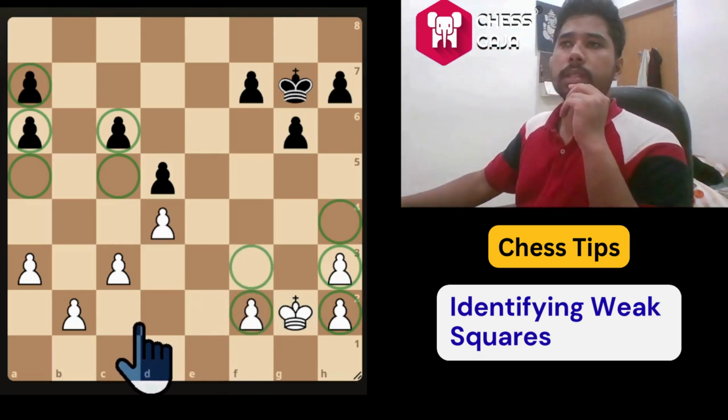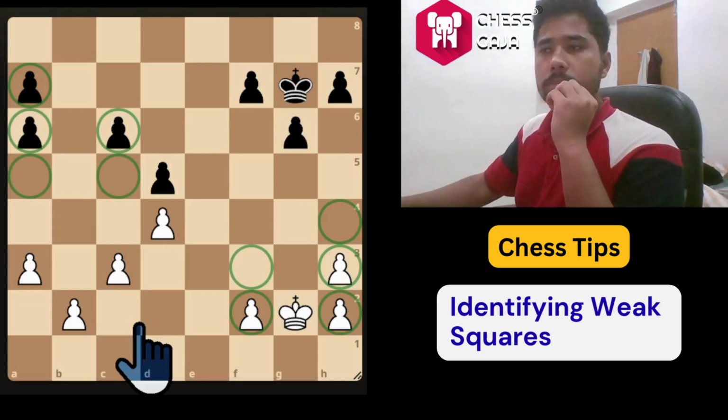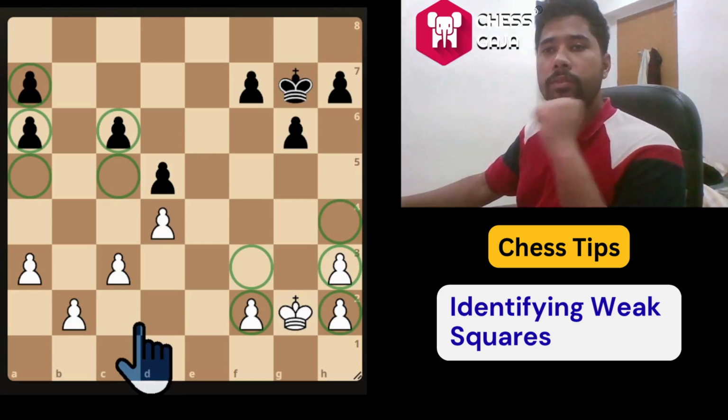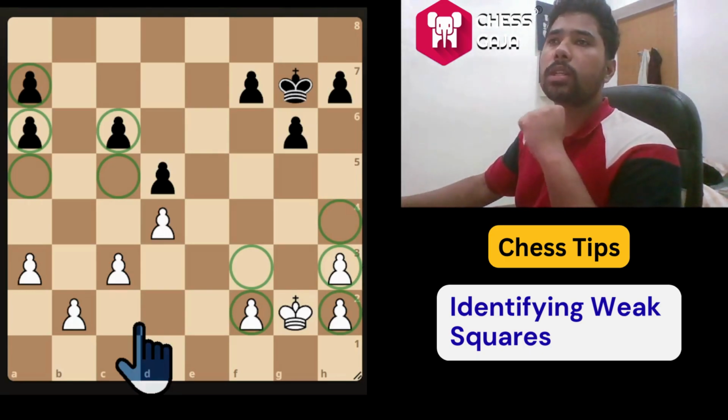So what these weak squares do is allow the opponent to occupy these squares with a piece or pieces, depending on the situation, and they can be used for infiltration or positional domination during the game. So avoiding such weak squares is extremely necessary.